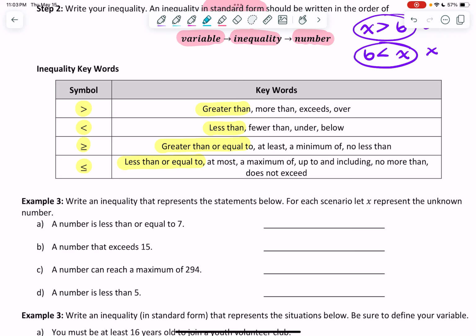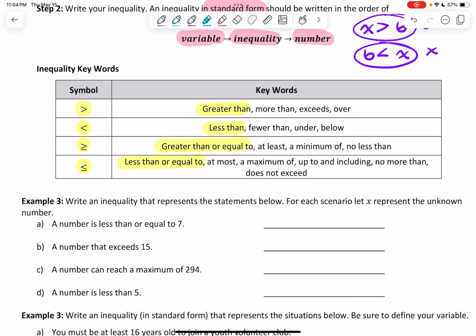Kind of like I can say the words is equal to, or is the same as, or what else can I say? Gives me, like the sum of two numbers gives me 12. Is another one that an equal sign can be translated to.